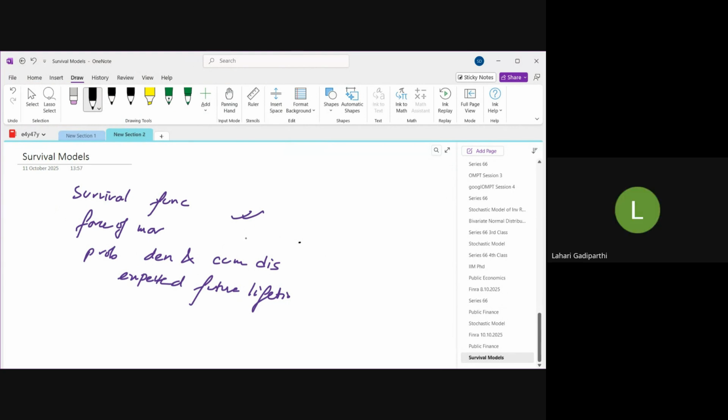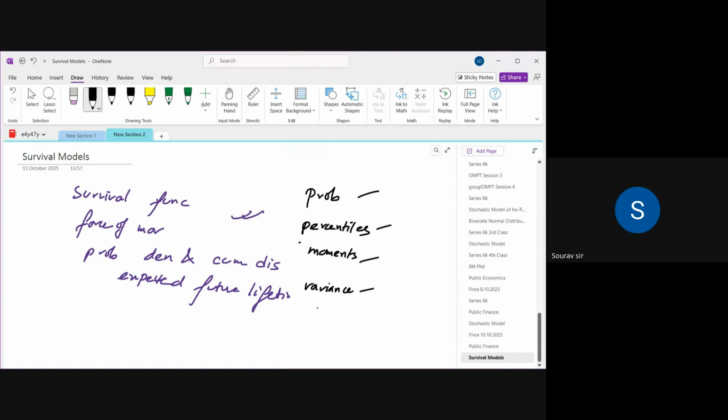And here we understand the probabilities, the percentiles, the moments, and then the variance.